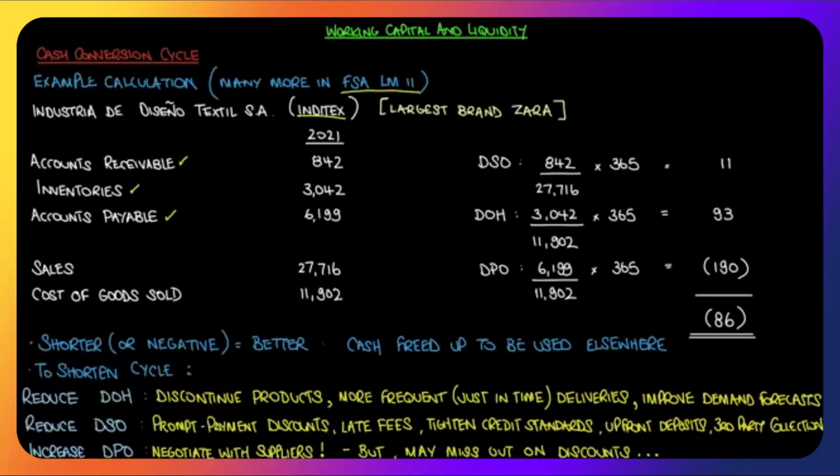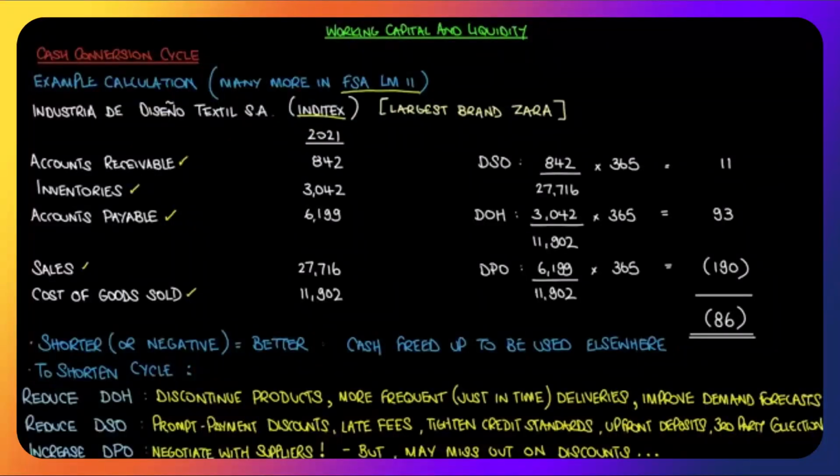We have this info for 2021. We will need from the income statement sales and cost of goods sold. Now you'll see this in a bit more detail in FSA, and specifically there, we'll say we should really be taking the average accounts receivable, average inventories, and average accounts payable. Fine, it doesn't make too much difference here. We're just doing a quicker rough and ready calc.